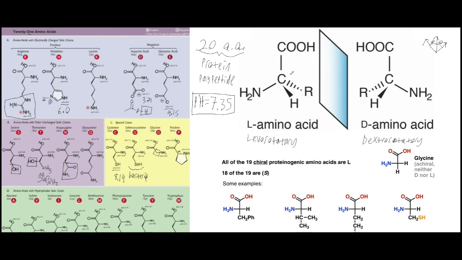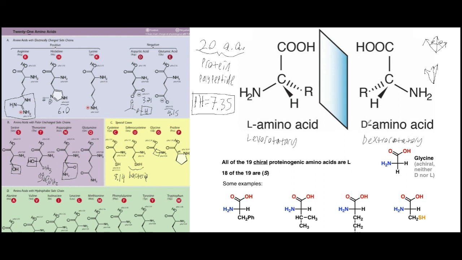So if we had just a little bit more of this than this, then maybe it would only shift slightly. But if we had a lot more of this than this, then it might shift more. And so that's just a little bit more about levorotatory and dextrorotatory.